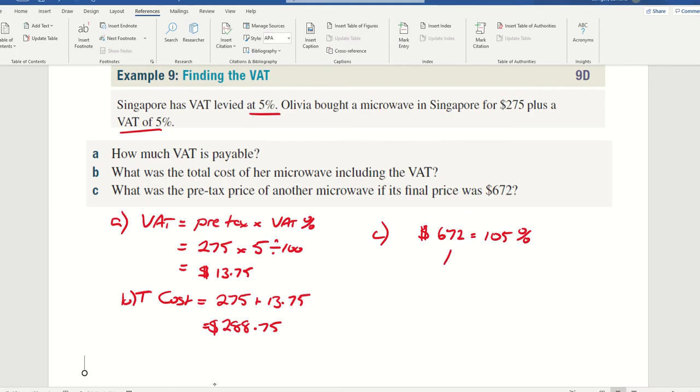So 1% is going to be equal to 672 divided by 105, which is $6.40. So 100%, which is our price, is equal to $6.40 times 100, which equals $640.